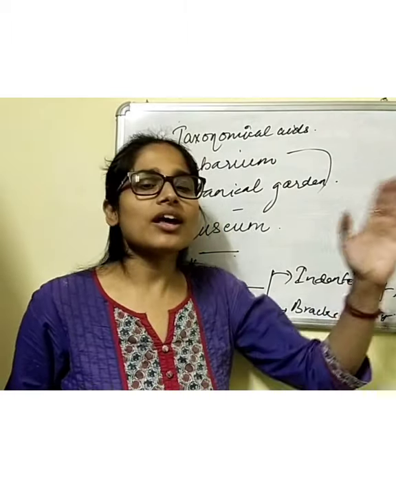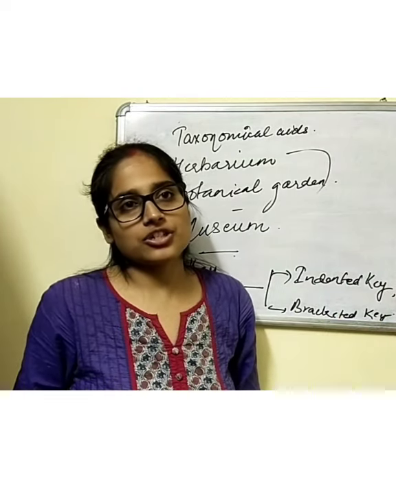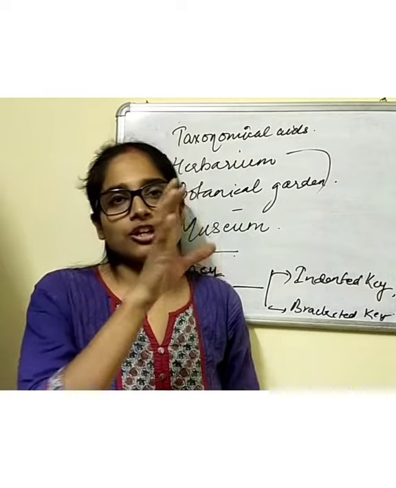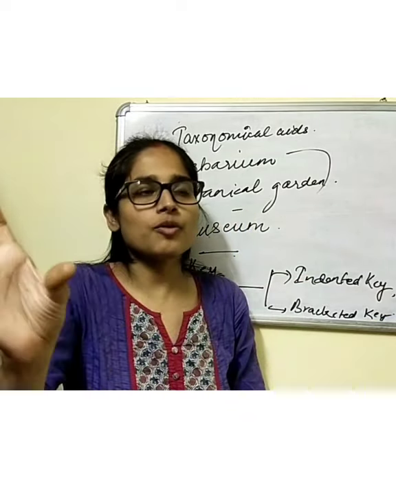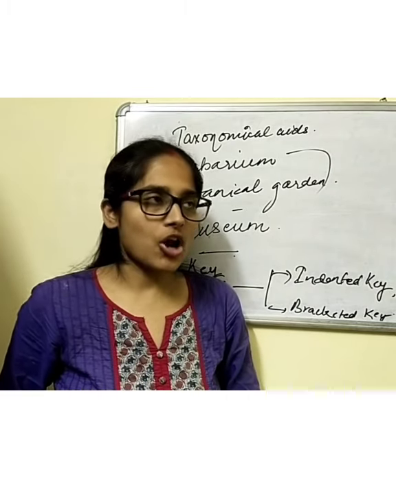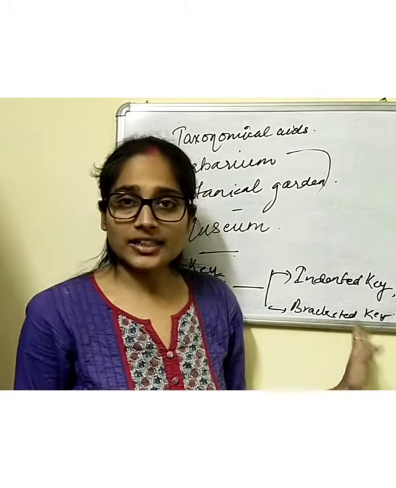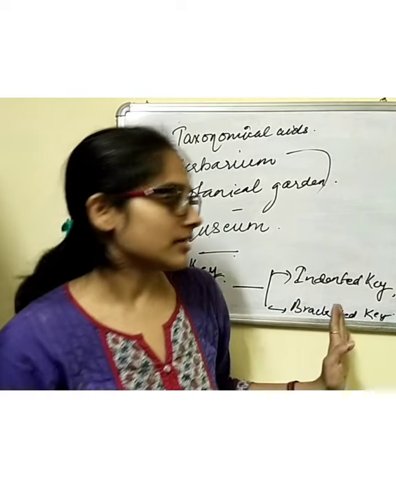Whereas in an indented key, there may be a set of features based on which you have to categorize from the group what species that particular organism belongs to. Whereas for bracketed, it is either yes or no. So that is a bracketed key.